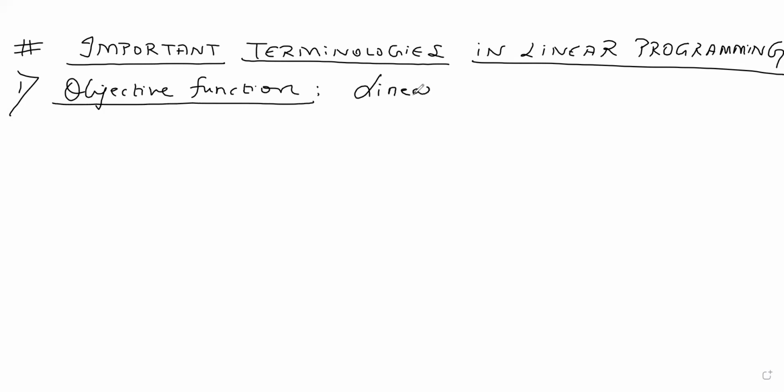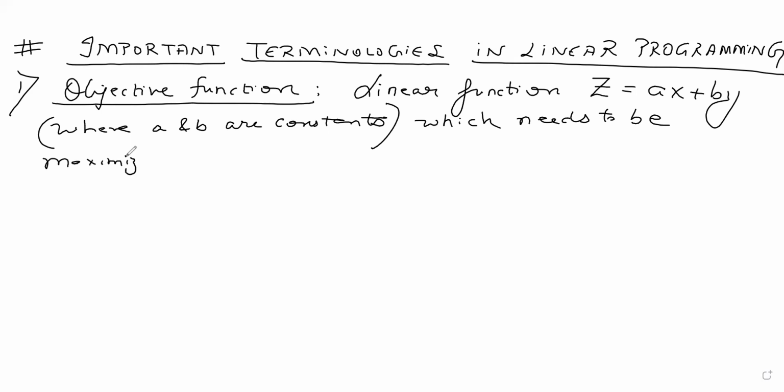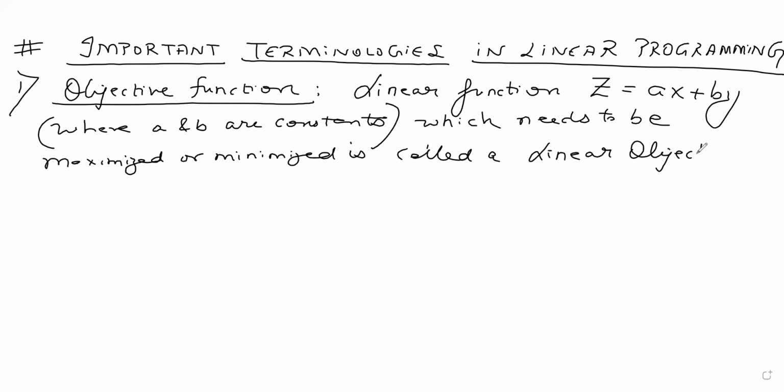The linear function z, which is equal to ax plus by, where a and b are constants, and this function z, which needs to be maximized or minimized, is called a linear objective function.